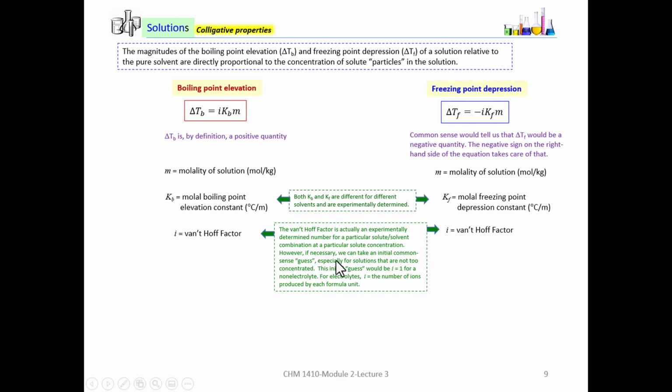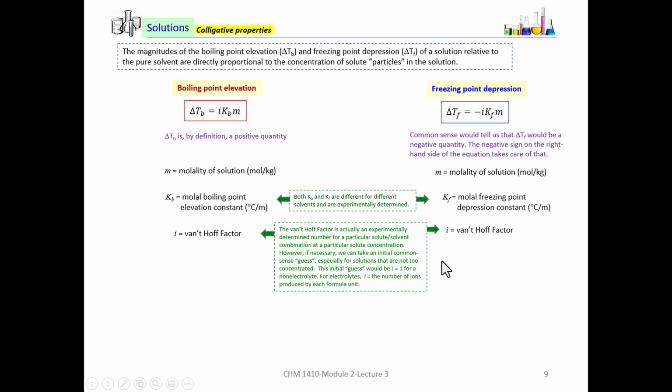However, if necessary, we can take initial common sense guesses as to what these van 't Hoff factors should be for various circumstances. Again, this factor i is actually experimentally determined, but not knowing these experimental numbers, we can take guesses.